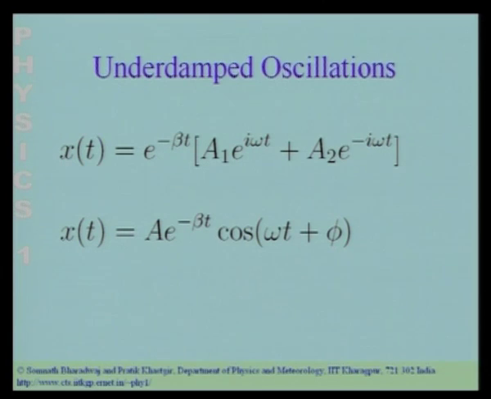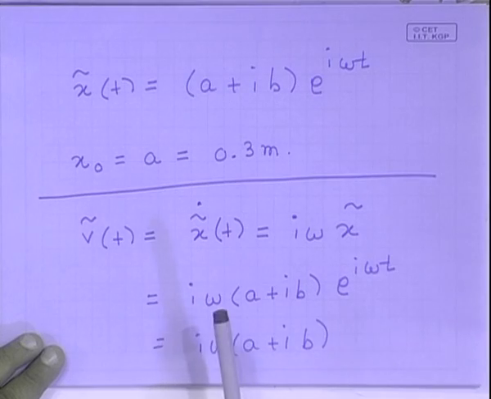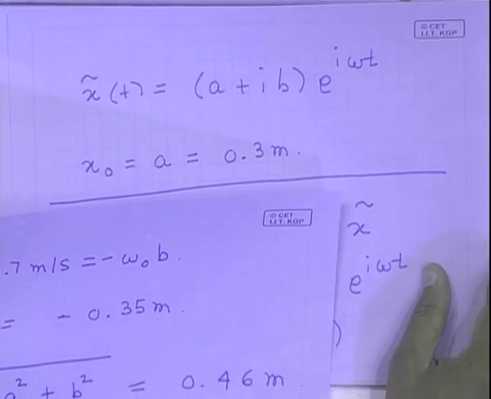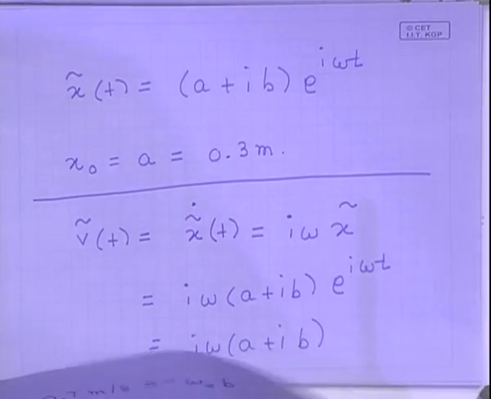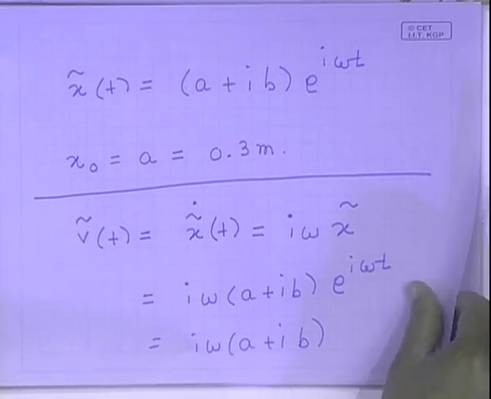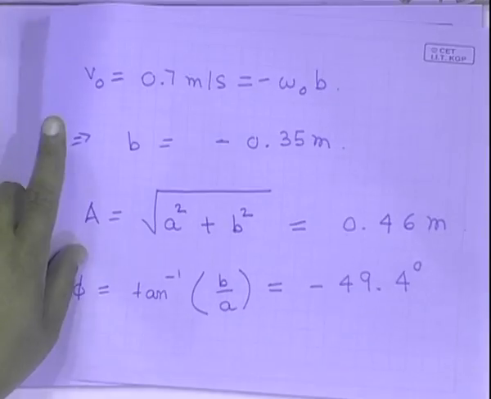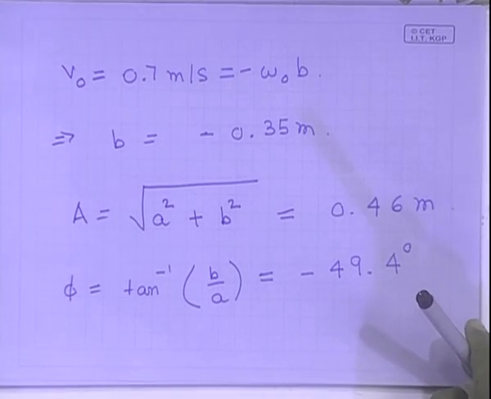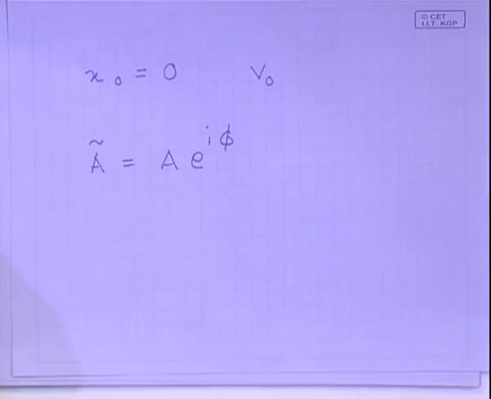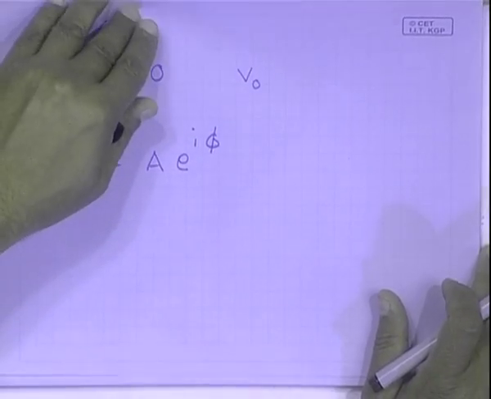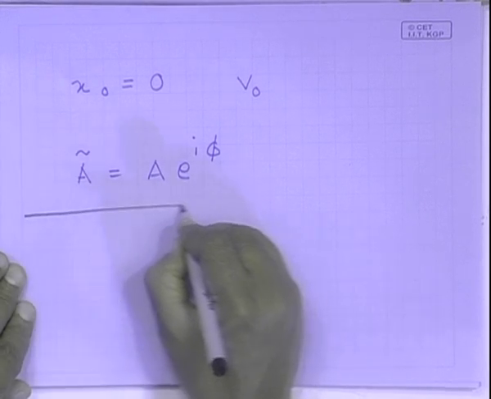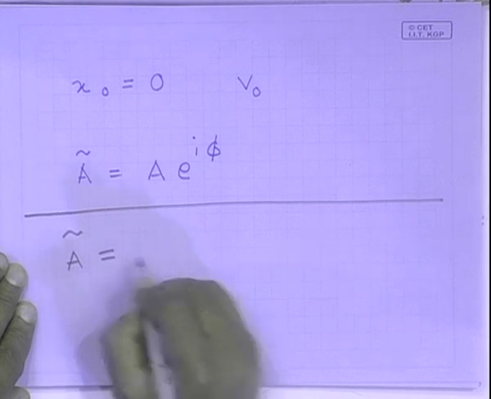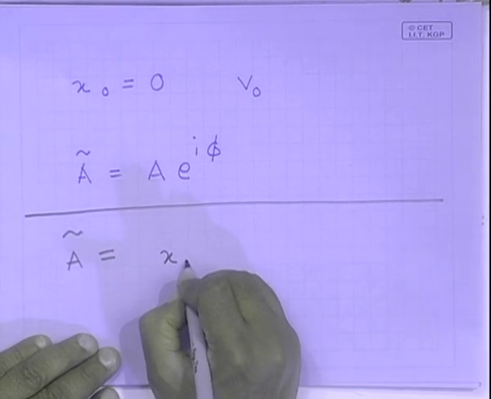We had an oscillator for which x naught was given and v naught was given. We had worked out the complex amplitude for the oscillator in that situation, and if you go back to your notes, the solution for A tilde in the absence of damping.